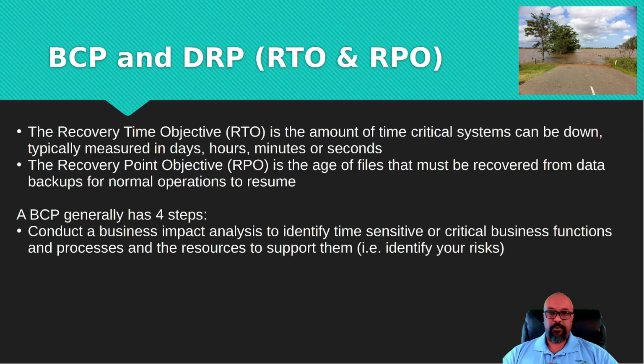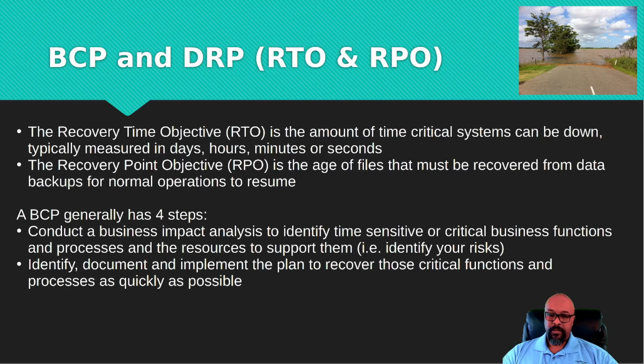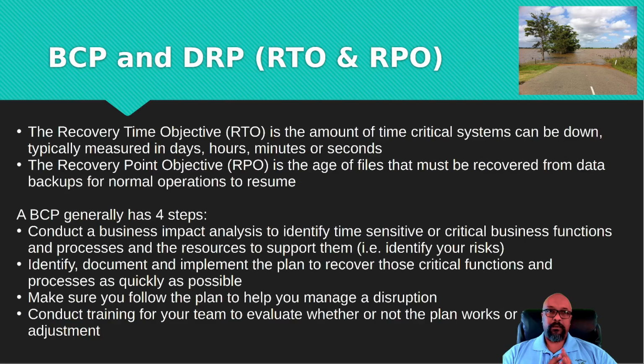All right, so getting back to BCP. Now, the DRP is a component of the BCP. The BCP, or business continuity plans, generally have 4 steps to them. One step is to conduct, as I've been saying earlier, a business impact analysis.